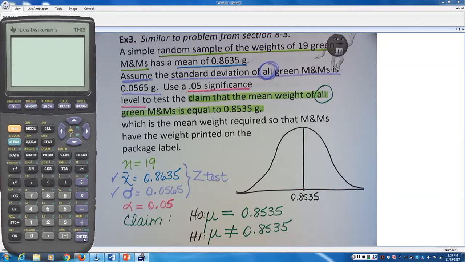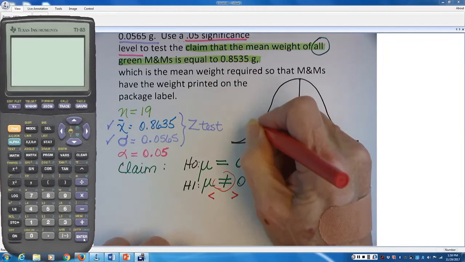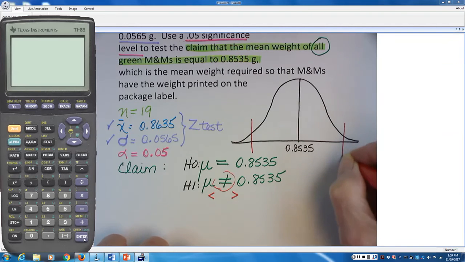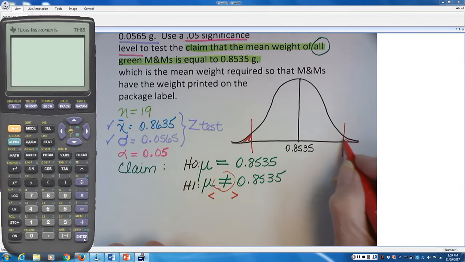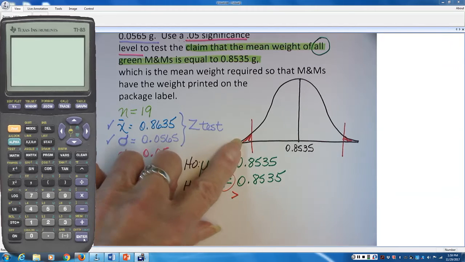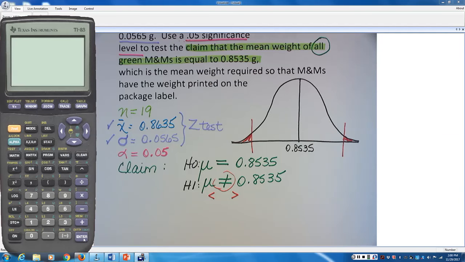But H1, because it says not equal to, tells us that it is a two-tail test. So if we fall down here or up here, either one, beyond that boundary line, then we know that the machine's not adjusted right. It's giving the wrong mean. They're either too heavy or too light.